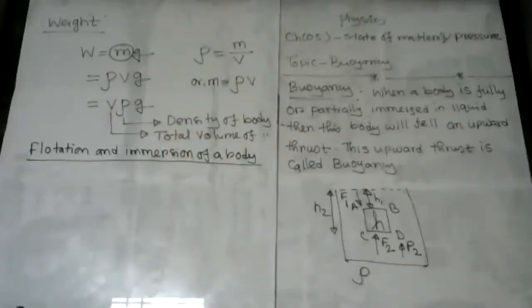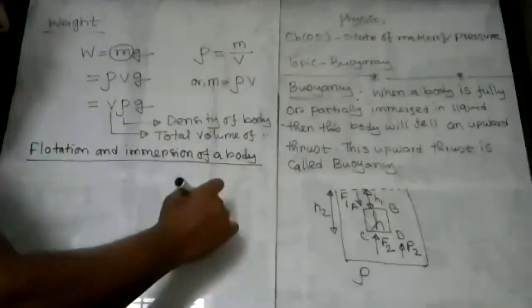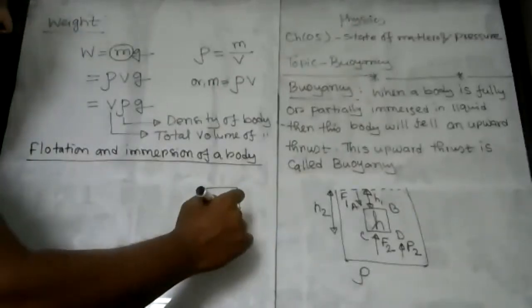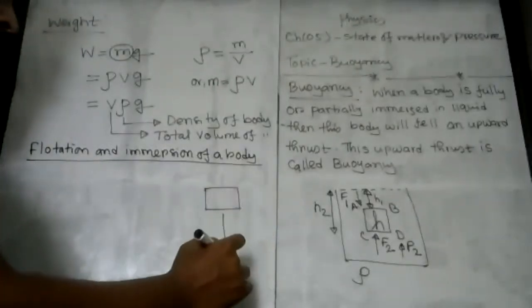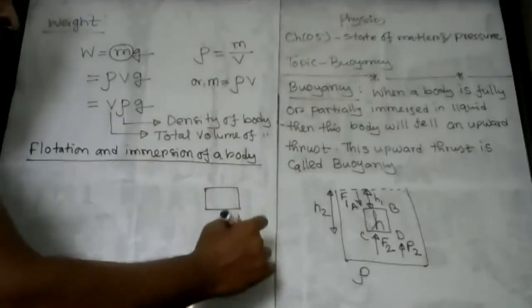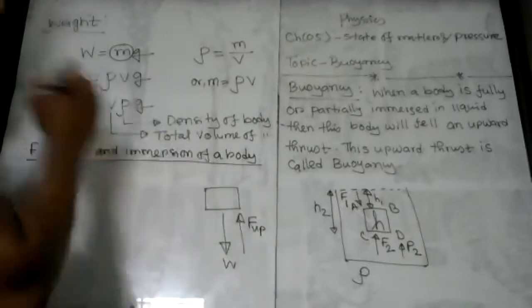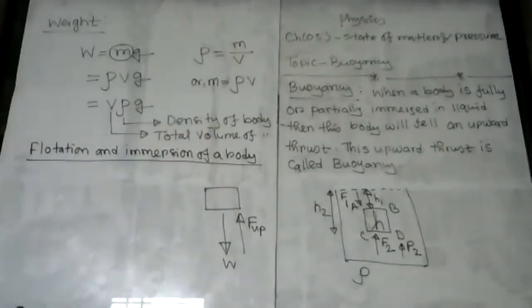So let's see. My dear student, if this is a body, then weight W is acting vertically downward, and buoyancy is acting vertically upward. That is called F up, upward thrust or buoyancy.